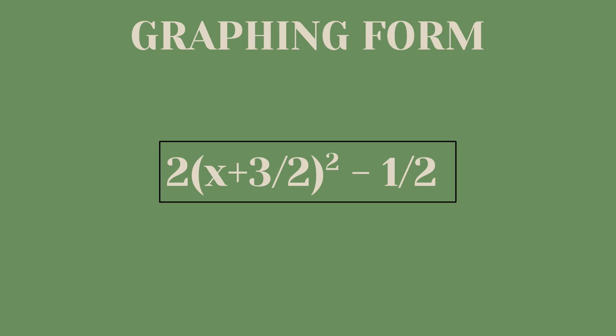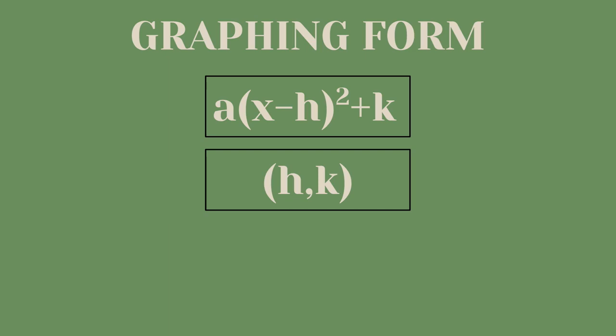So now that we have our equation in graphing form, what exactly is the point of graphing form, or what exactly does it say? Well, for parabolas or quadratic equations, graphing form is written in the form a quantity of x minus h quantity squared plus k. And here, h and k, h comma k, tells us what the locator point of our parabola is.